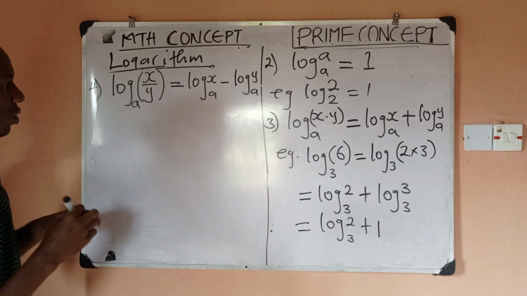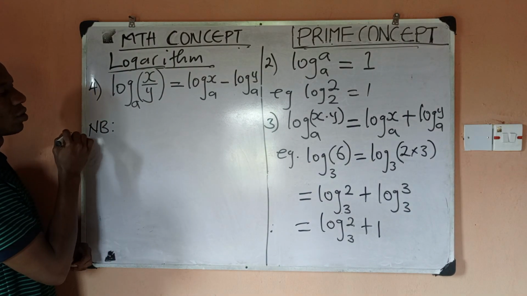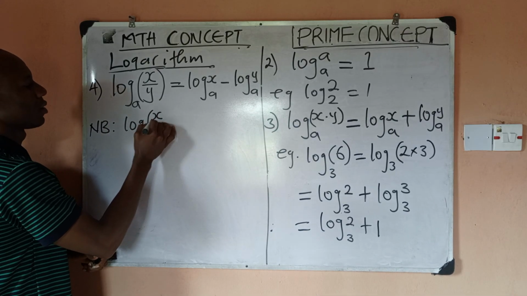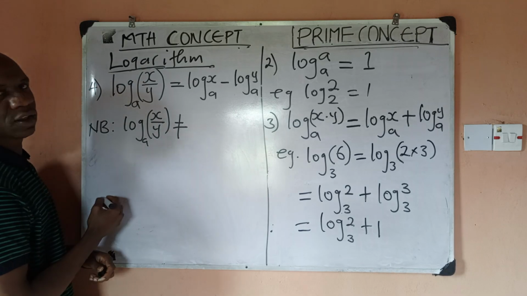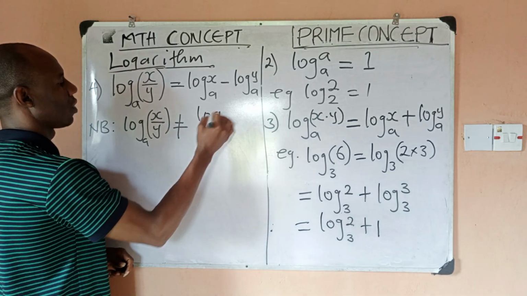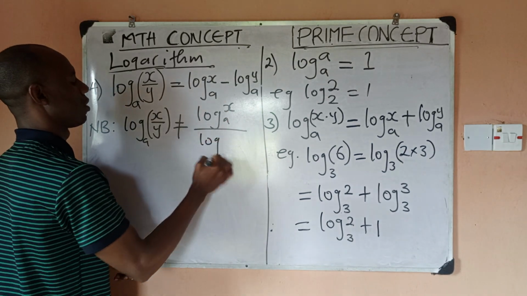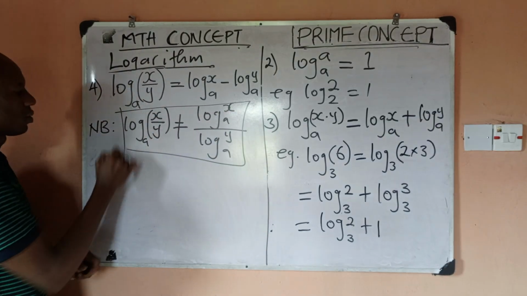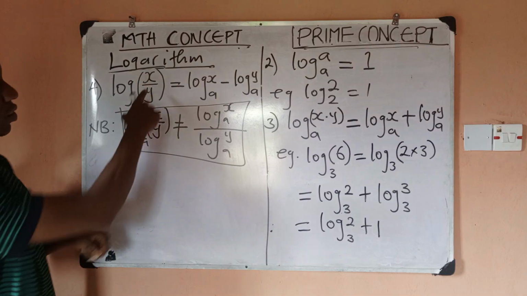Now you should also note that log x over y to base a is not equal to log x base a all over log y base a. These are not equal. So please don't make this mistake. This is not the rule. So this is the rule.